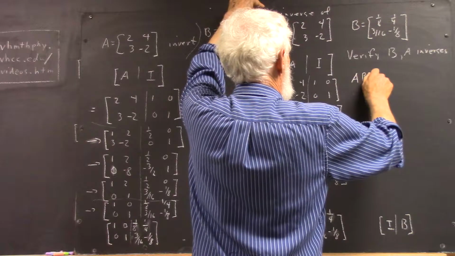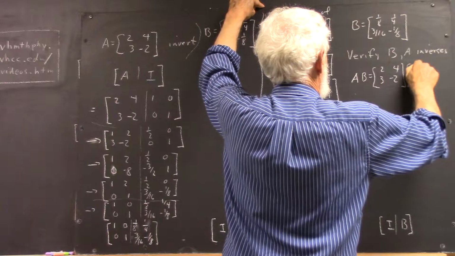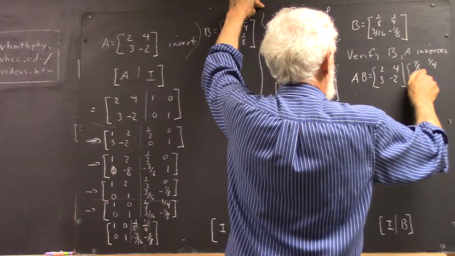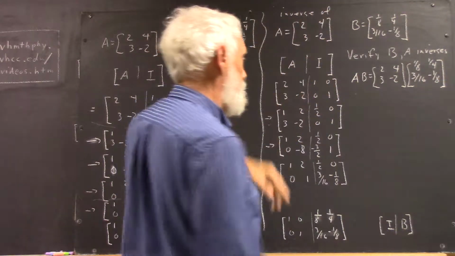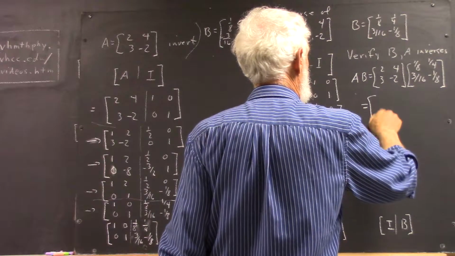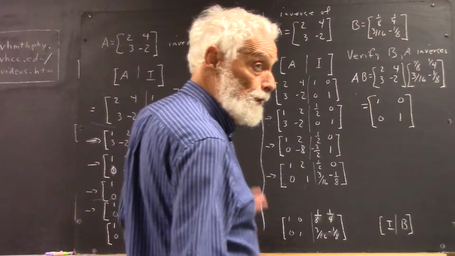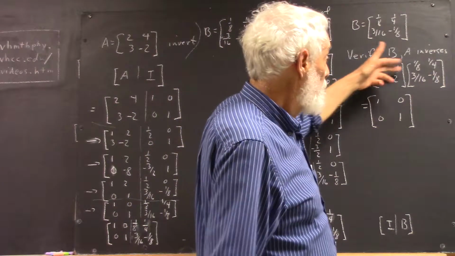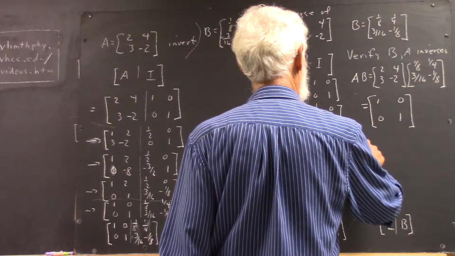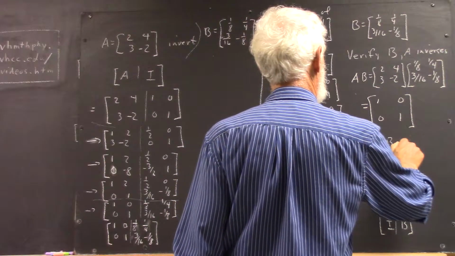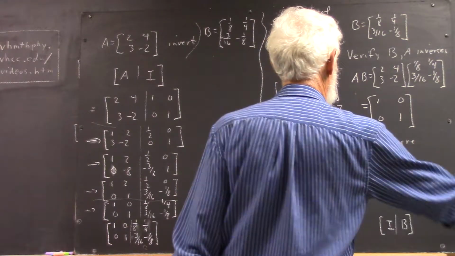A times B is 2, 4, 3, negative 2, multiplied by 1/8, 1/4, 3/16, negative 1/8. And what's that equal? That equals the identity matrix, and I'll let you do the multiplication, but it's very simple. You should easily be able to multiply this matrix by this and verify that it's the identity. So A and B are inverses.